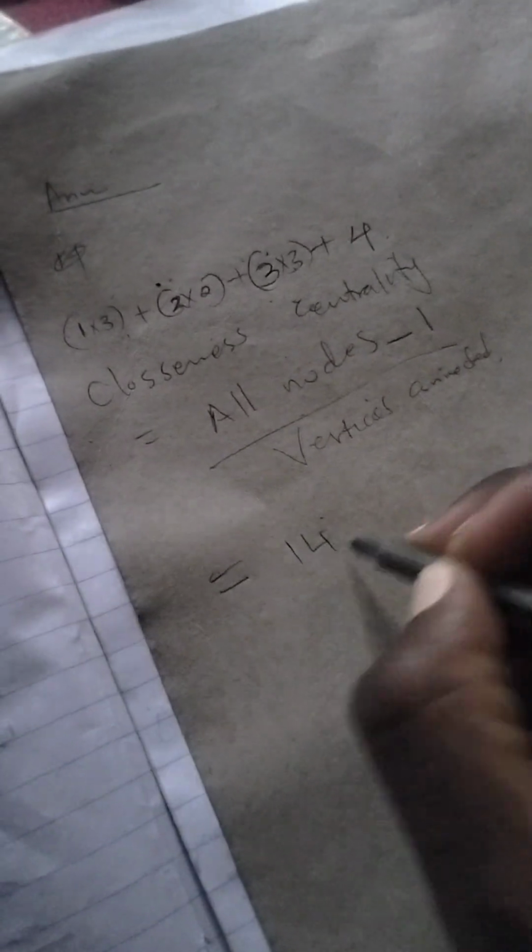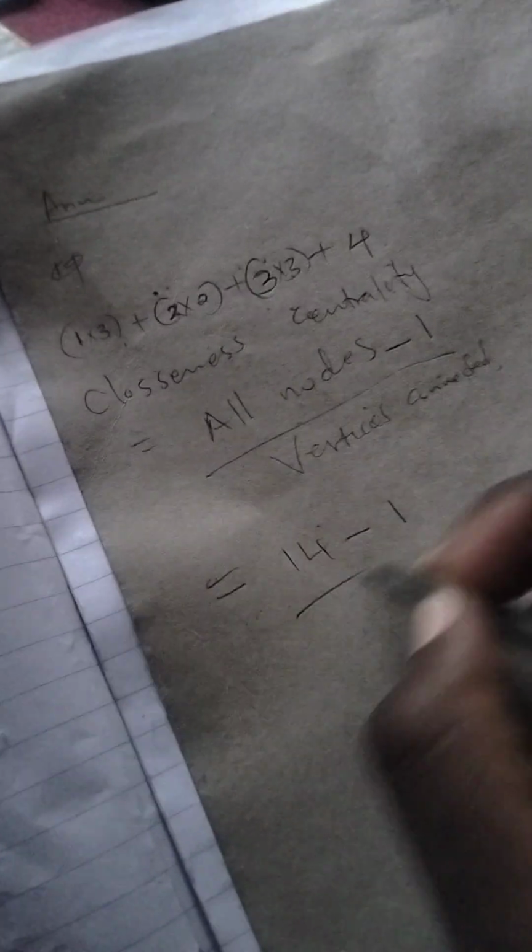So you look at the formula for this one. This one is there to show you. So that one is 14 minus 1 over.